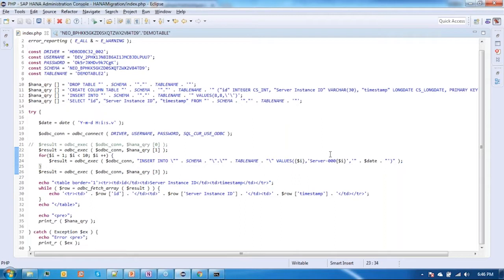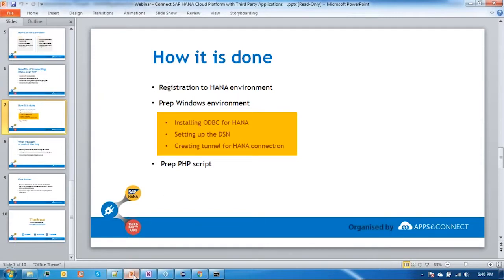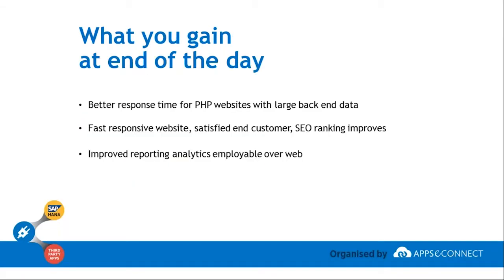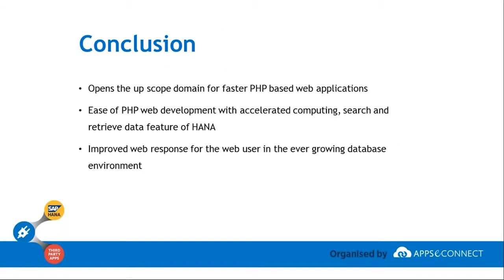By this, I would like to conclude that by connecting a third party application such as PHP based applications to HANA, we can accelerate the overall performance of very heavy database websites, improve the overall client satisfaction, which may also add to increased ranking in the search engines and improved response for the web users.